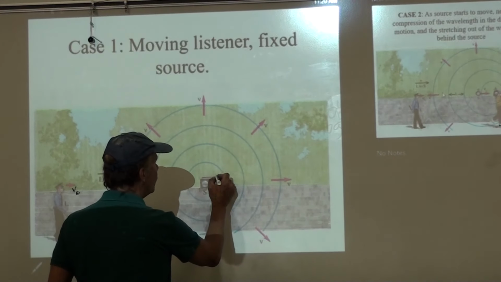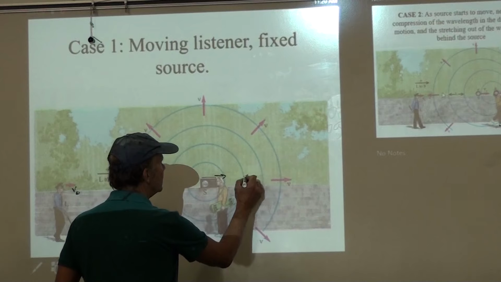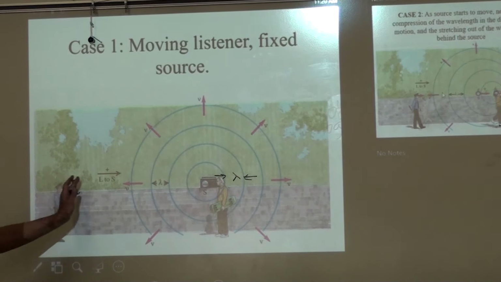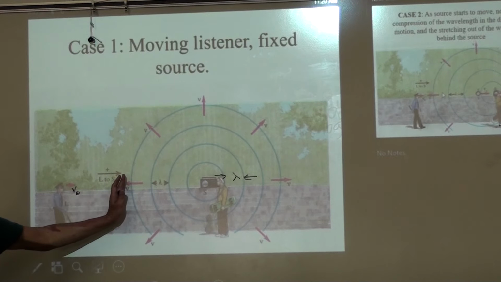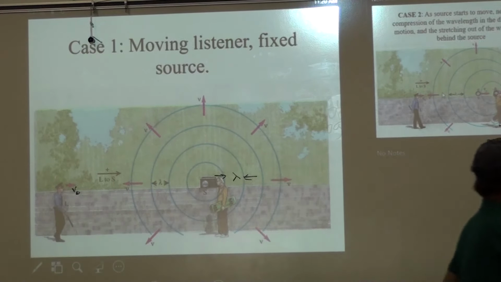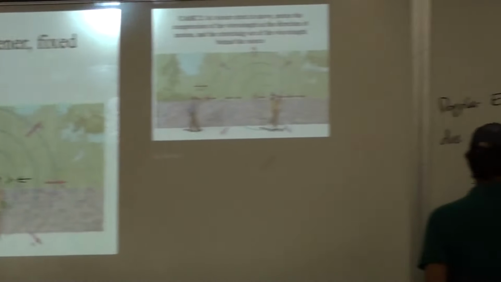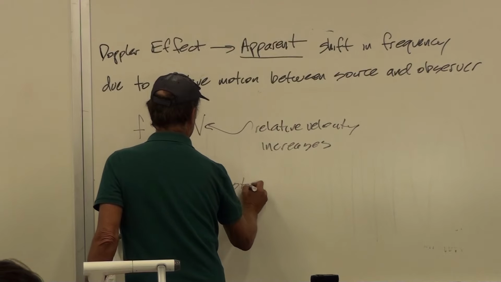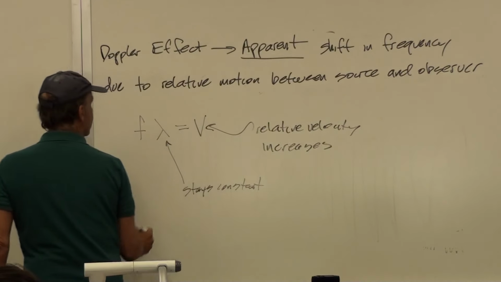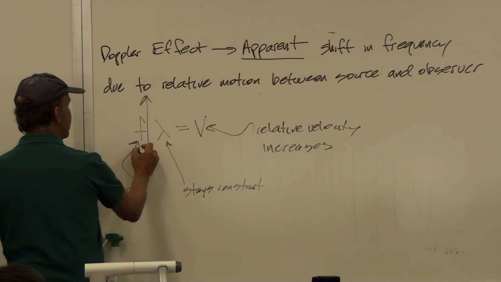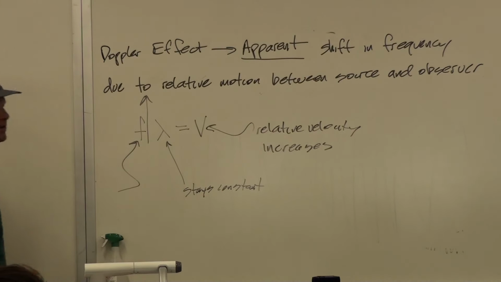But we see here that the wavelength isn't changing. The wavelength of the sound doesn't depend on the speed of the observer. And so this stays constant. So if the relative velocity goes up but the wavelength stays constant, that means we get an increase in the frequency for relative motion toward.